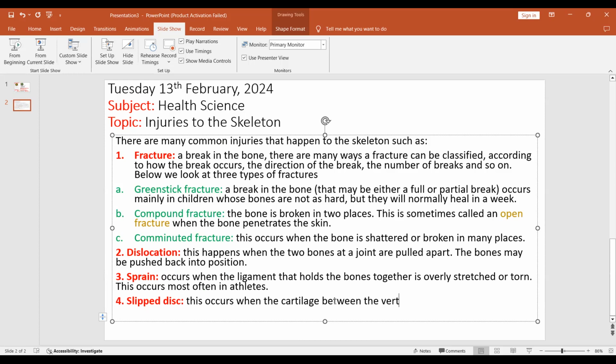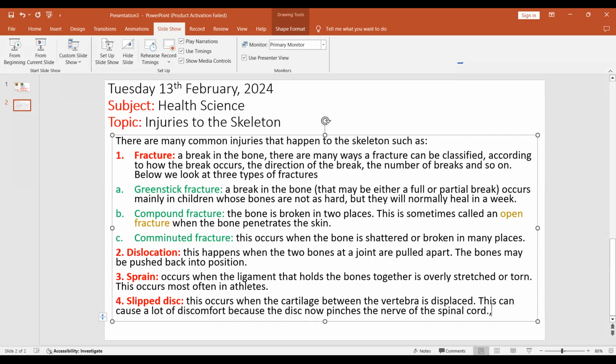the vertebra is displaced. This can cause a lot of discomfort or pain because the disc now pinches the nerve of the spinal cord.